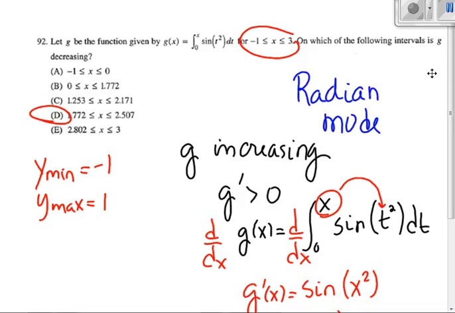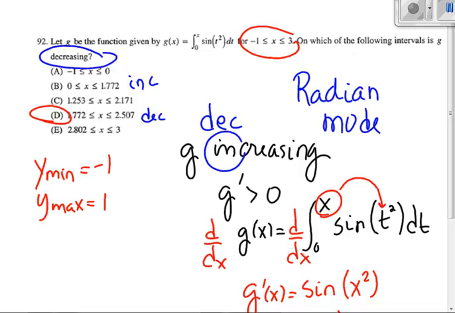It's greater than 0 at -1, isn't it? Are we increasing or decreasing? Oh, I read it wrong. We're decreasing. It would be zero if it was increasing. You got to correct me when I make these mistakes. I read it wrong. This is increasing. This is decreasing.